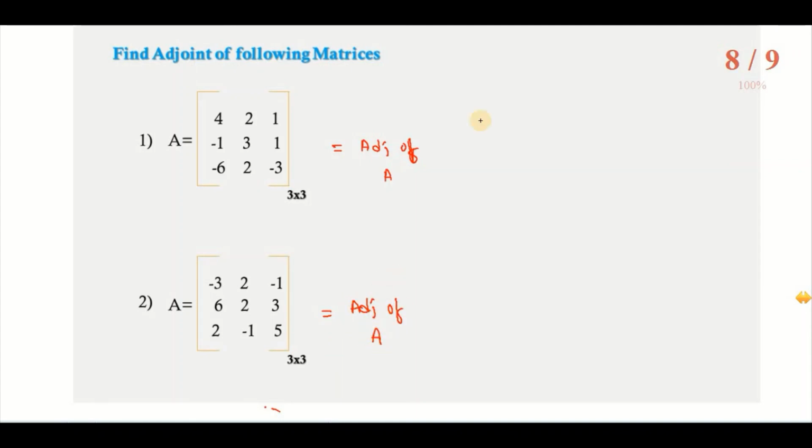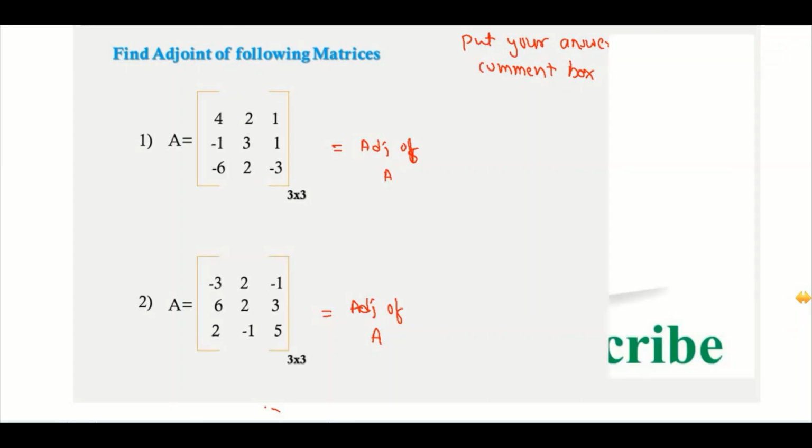Put your answers in the comment box. If you have missed the earlier part, the link is in the description box, you can check it. So watch the full video and solve these two matrices to find the adjoint.